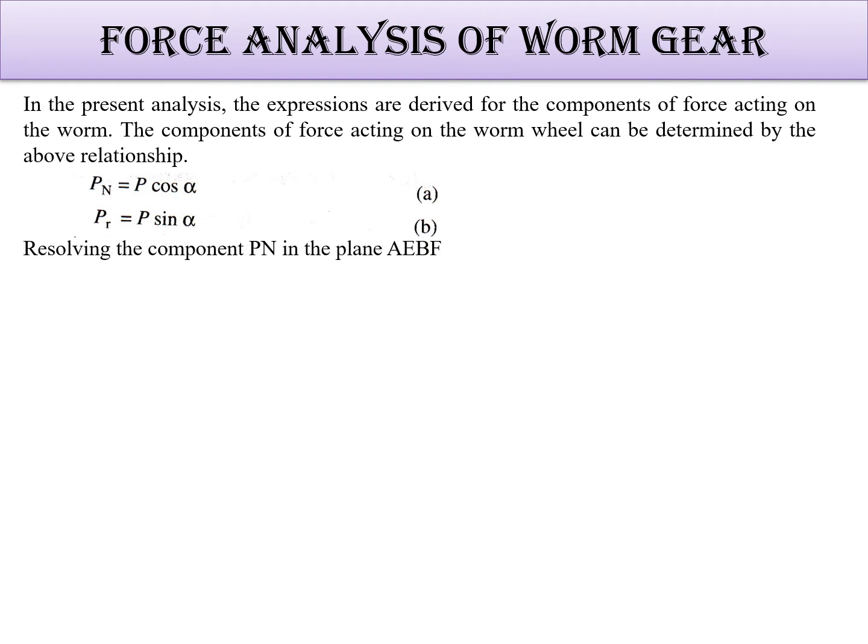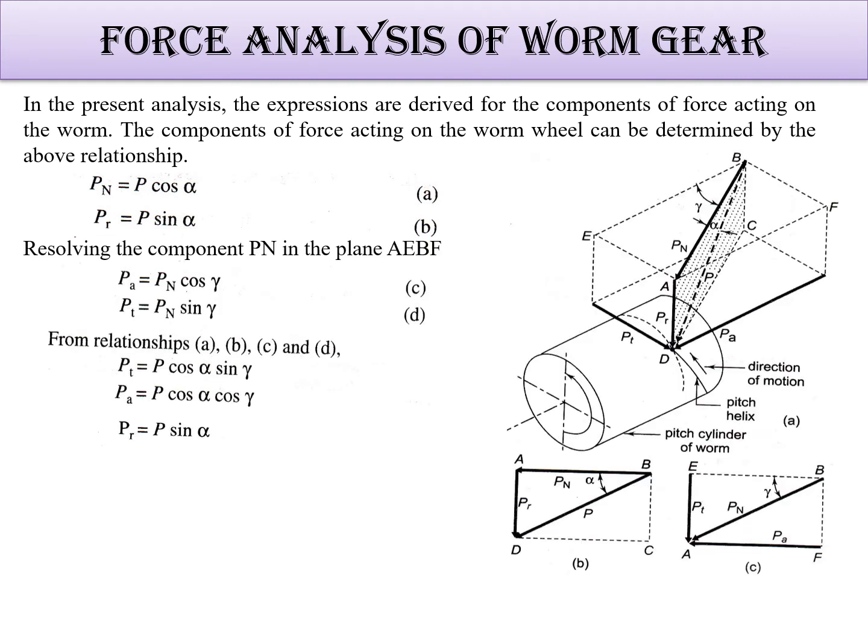So Pn is equal to P cos of alpha. Now, how we get this term is seen in the table in this force analysis. A box is generated here. This is the axial force, this is the tangential force, and this is the radial force which is acting. Based on this, a cubical box is generated, and this is the resultant force, that is Pn, the normal force. This is alpha, this is gamma.